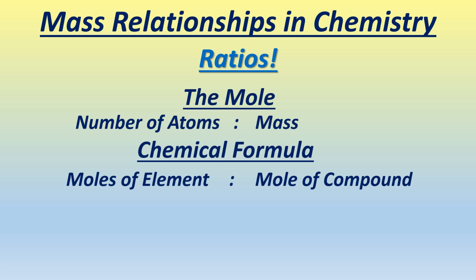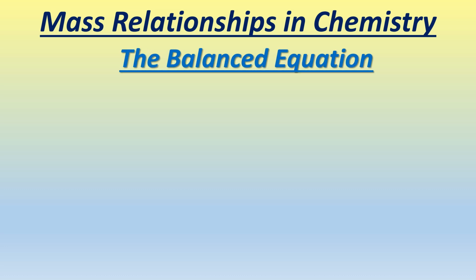In this video, we'll look at mass relationships in reactions, because after all, atoms and compounds are rather boring if they don't do anything. In a chemical reaction, the mass relationship is determined by something called the balanced equation.